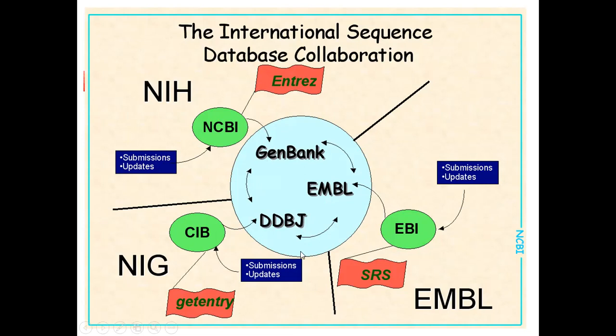Similarly, NIG handles this as CIB. If any sequence is submitted to CIB, it moves to DDBJ and again to all three databases. Similarly, if any researcher submits a sequence of a novel gene to EBI, it moves to EMBL and then again to all three databases.